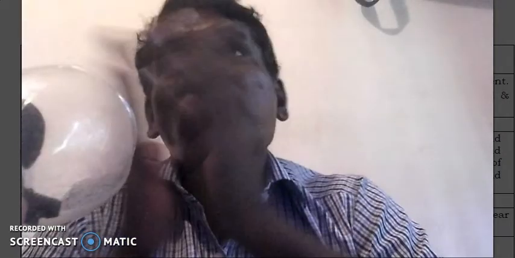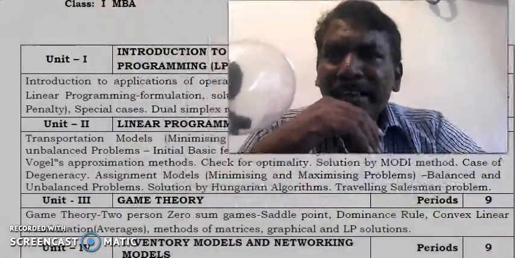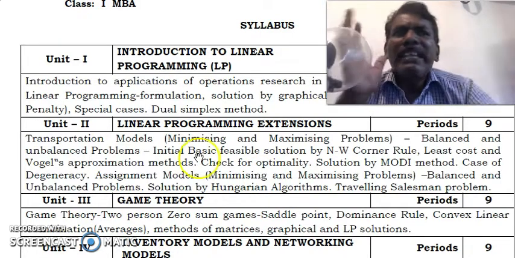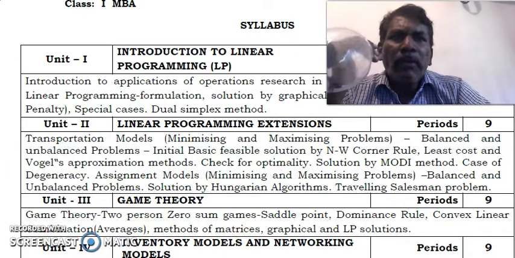So both maximization and minimization problems come in this assignment problem. So the second unit is mainly based on two things, the transportation problem and the assignment problem.